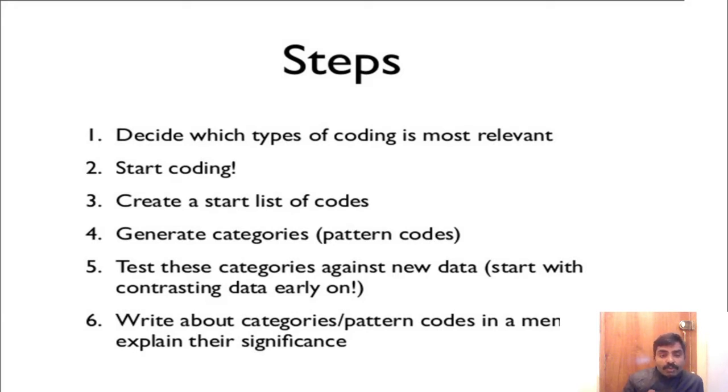Because most of the time what happens, the categories have to be fixed in one or the other category. Otherwise, you have to frame another category which is unique. The sixth step is to write about the categories or pattern codes in a memo to explain their significance.